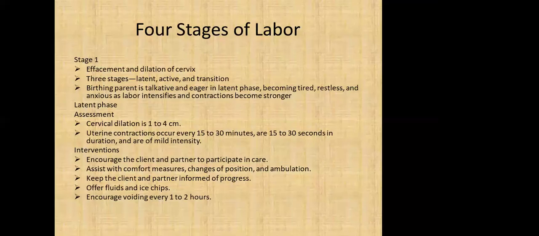Okay. Now you can get a case study where you have this kind of question. They will list actions you can do and what you cannot do. So probably you get your case study in the latent phase. What are some of the things you can do? Encourage the woman to do this. Is it done?